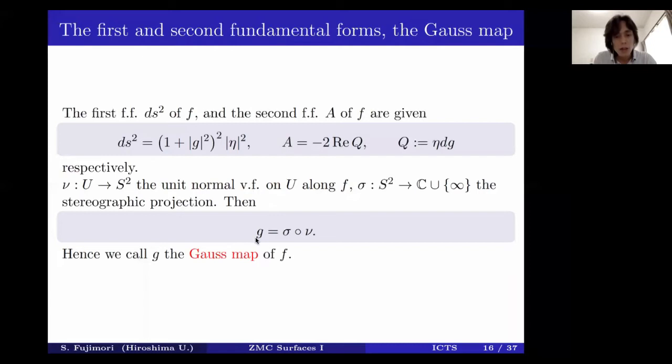Then we have G is the composition of sigma and nu, so the composition of the unit normal and stereographic projection. Hence we call this meromorphic function G the Gauss map of F. So G has this geometric meaning.